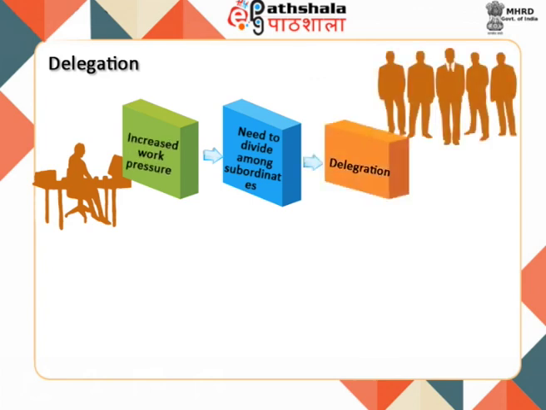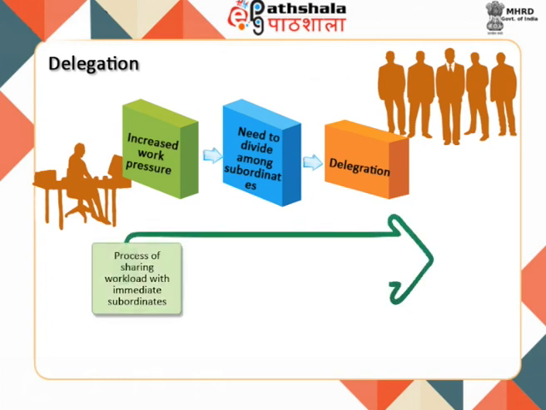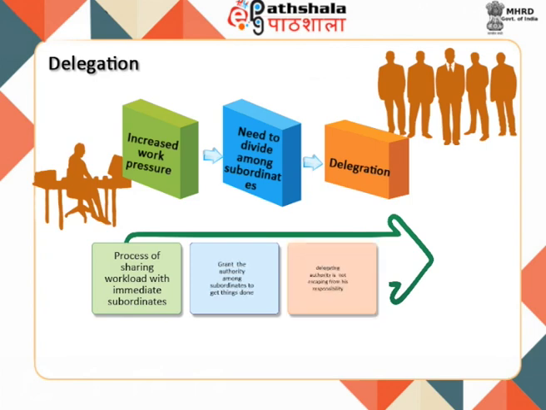Here, the executive expects the subordinates to perform the work delegated to them the way he would have performed it. Delegation of authority is the process of sharing workload with immediate subordinates. To delegate is to grant or divide the authority among subordinates to get things done. A manager, by delegating authority, is not escaping from his responsibility.